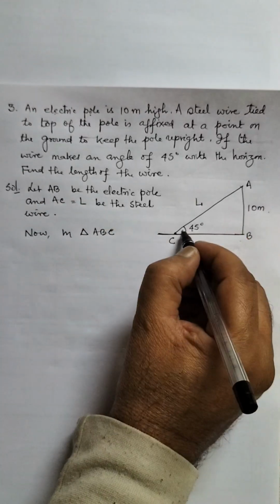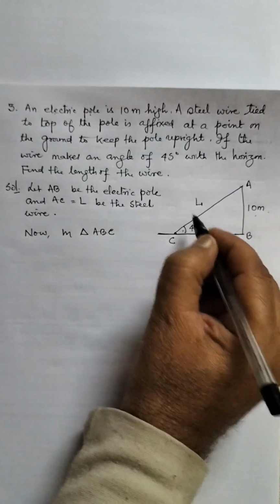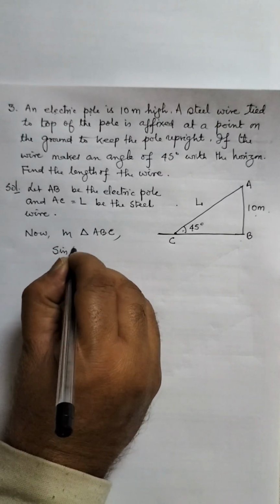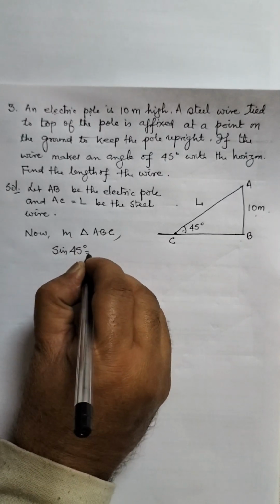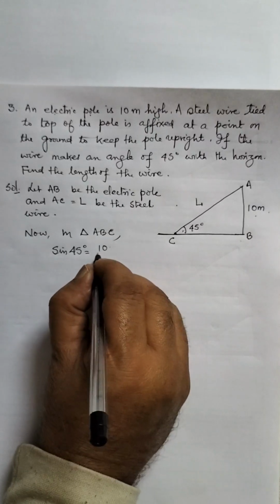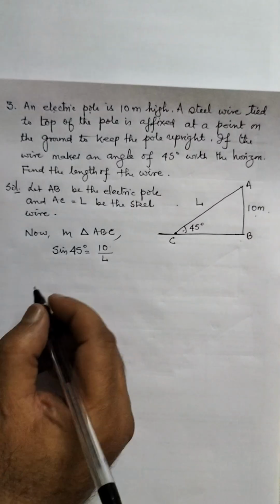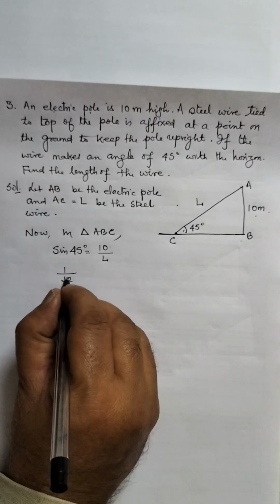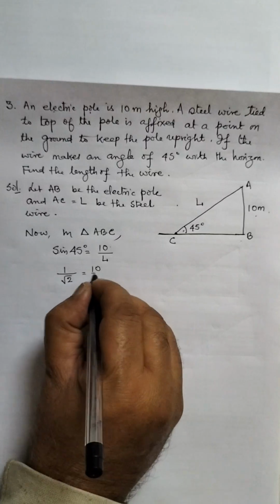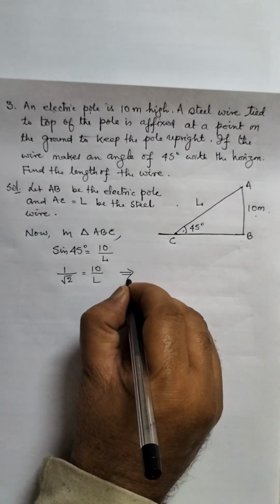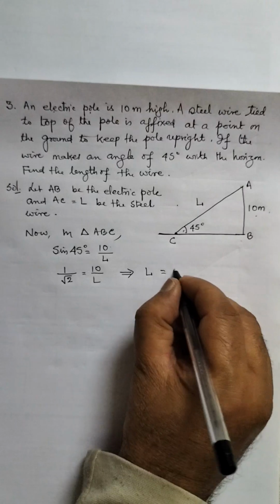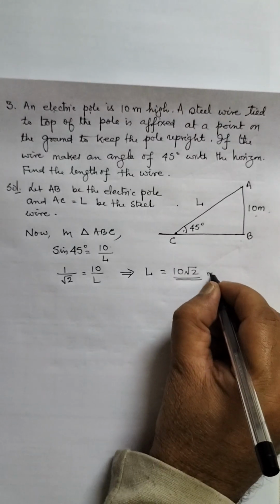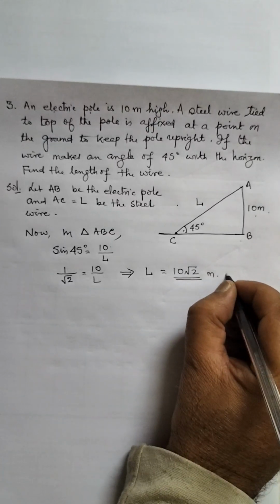Now this is opposite to this angle and this is hypotenuse. So in this case, we will take sine of 45 degrees is equal to opposite upon the hypotenuse. This sine 45 is 1 on root 2, that is 10 upon L, implies that the L is 10 times root 2 meters is our answer.